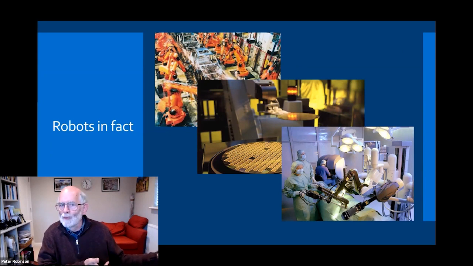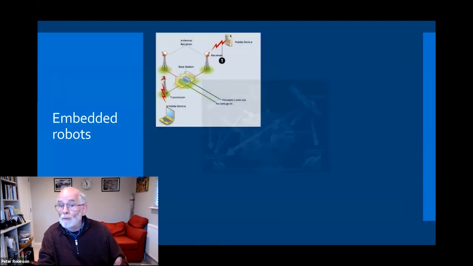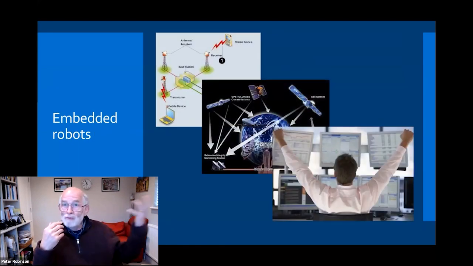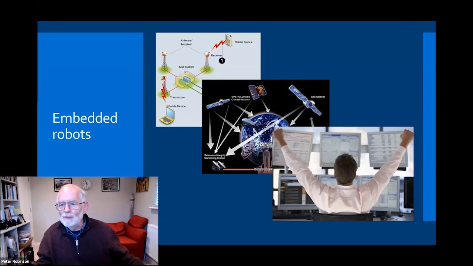They're not humanoid. They're just doing repetitive or delicate jobs rather precisely. Or they're running our satellite navigation systems, our mobile phones, our city trading systems. In fact, a robot's anything that takes an input and has an output that produces a perceptible effect in the world. And they're actually the robots that I worry about much, much more.